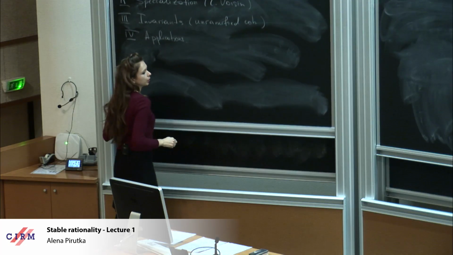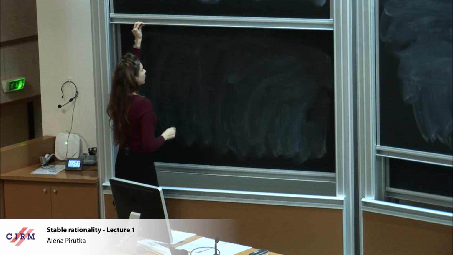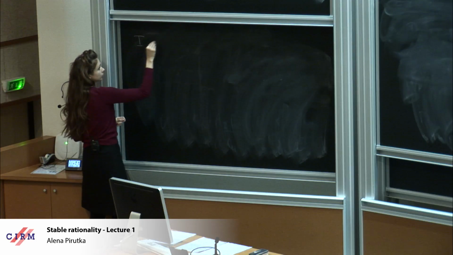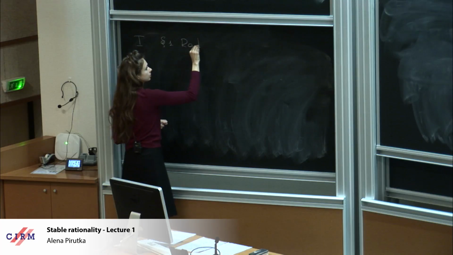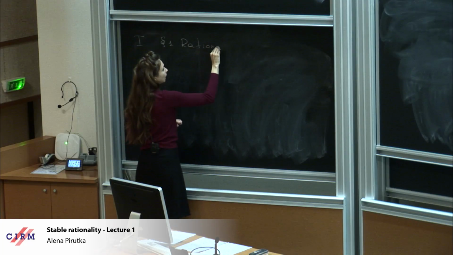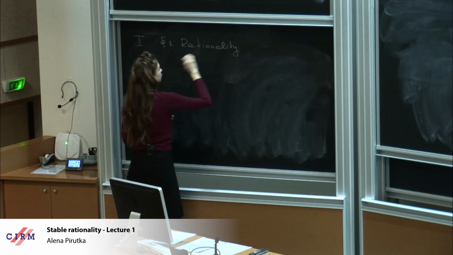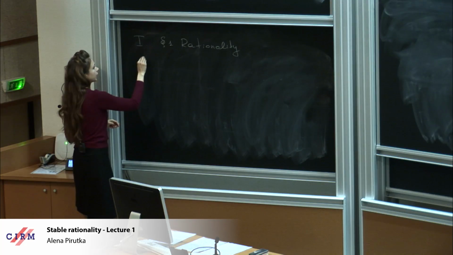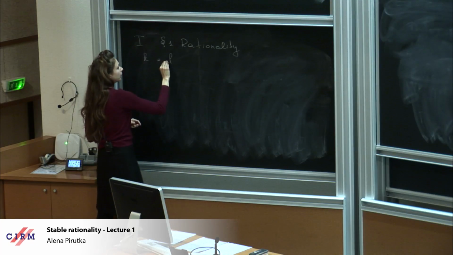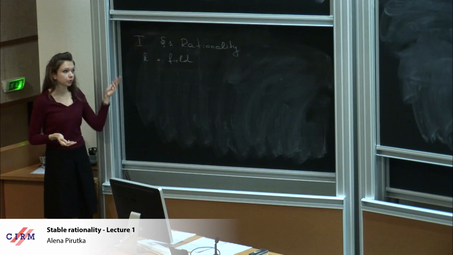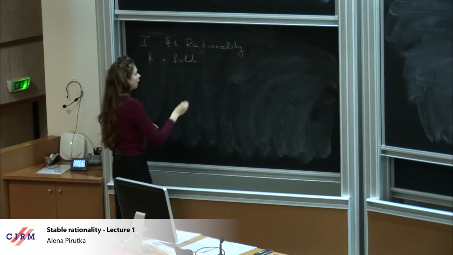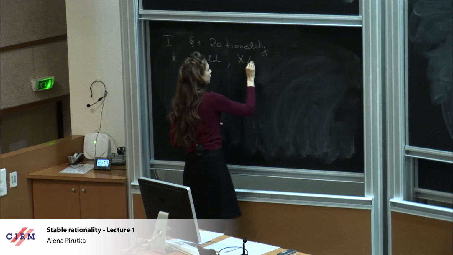Okay, so now let me just recall some notions of rationality. For this part, I'll consider K just a field. But essentially, we are going to work over the field of complex numbers in this series of talks. And X over K, say, an integral variety.